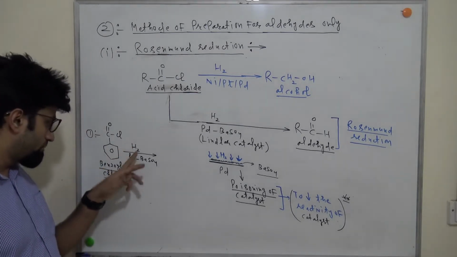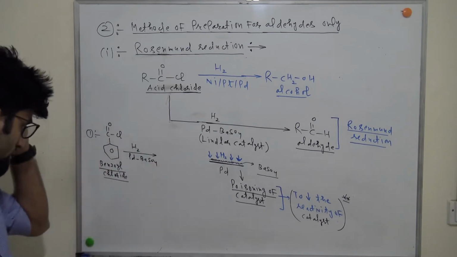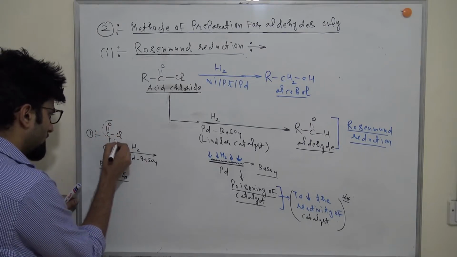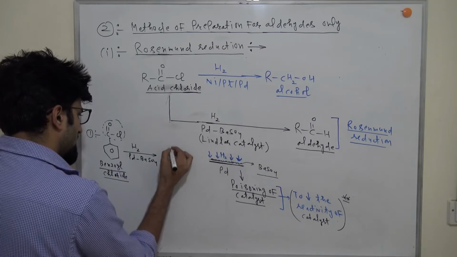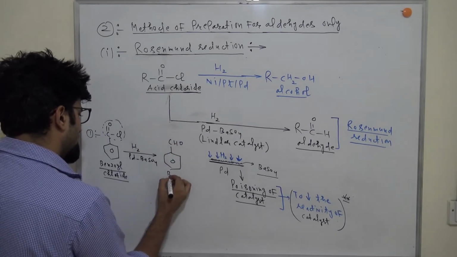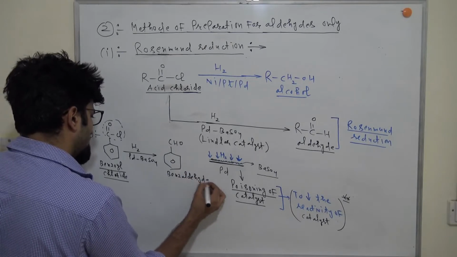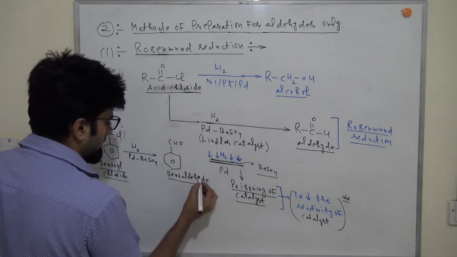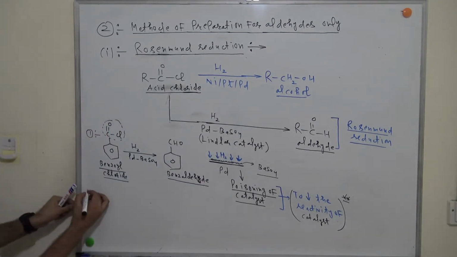With H2/Pd we would get alcohol, but now we are doing the poisoning. So instead of getting alcohol, this whole COCl group will change into CHO. So what will I get? I will get benzaldehyde. Understood? Clear?